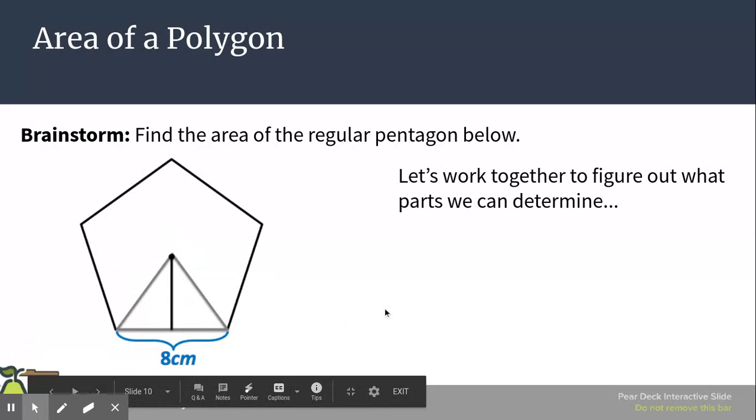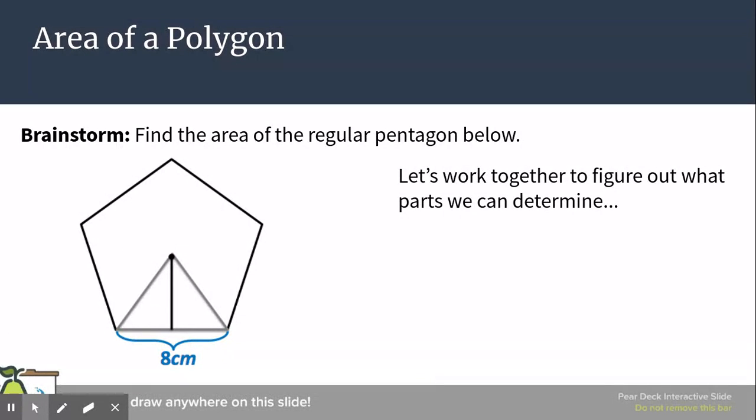So brainstorm. We want to find the area of the regular pentagon. In order to do that, first, as I suggest you do with all of these, take a time out and see if you can investigate this for yourself. But I'm thinking the strategy here would be to find the area of that single triangle and then put the 5 triangles together.